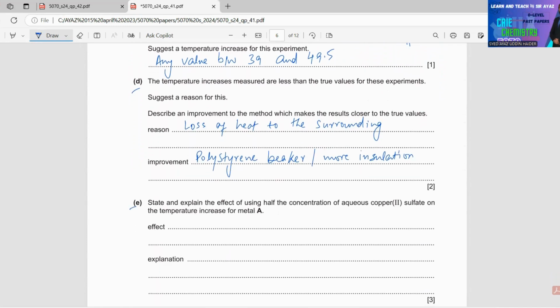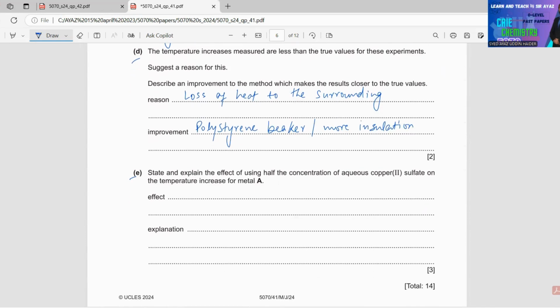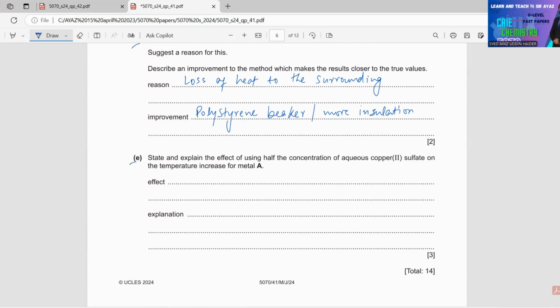Part E. State and explain the effect of using half the concentration of aqueous copper 2 sulfate on the temperature increase for metal A. So definitely if you have a lower concentration, it will give a lower temperature change or rise. And this temperature change will be reduced by about half in each experiment.